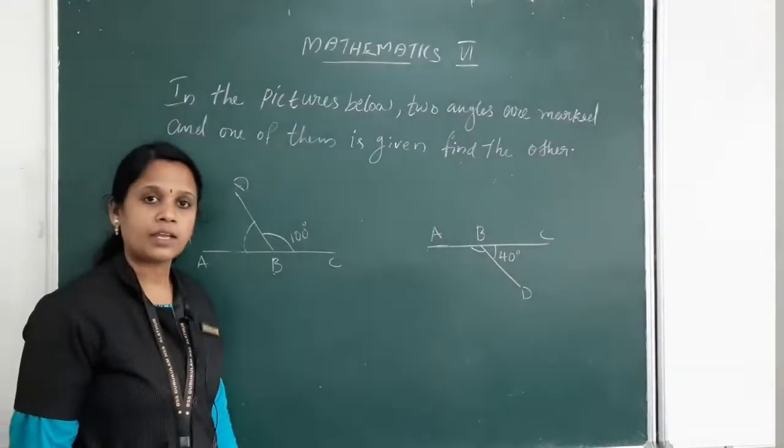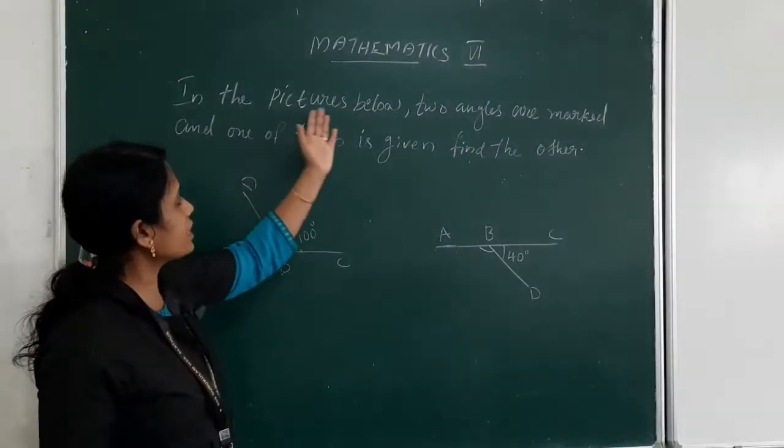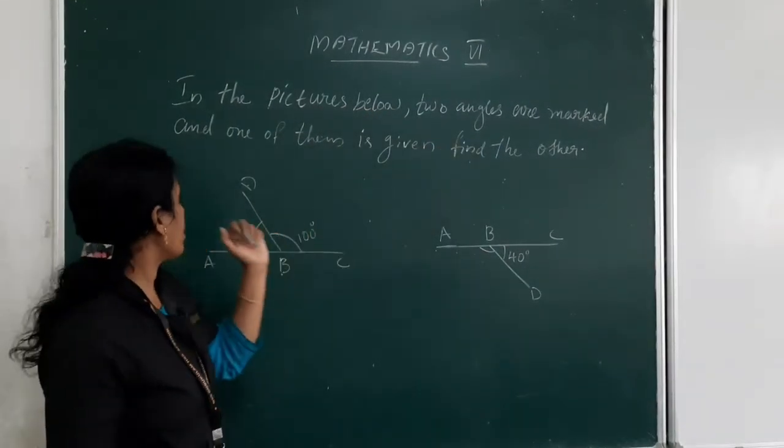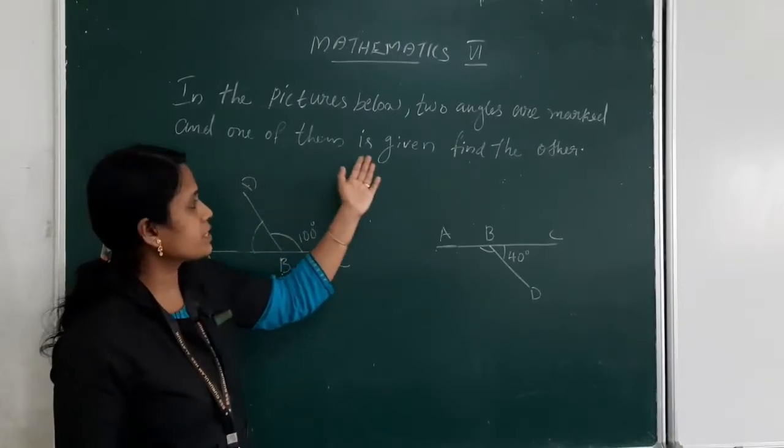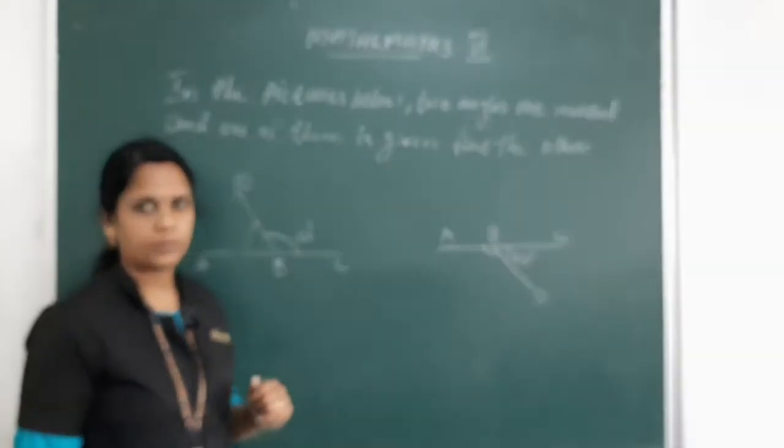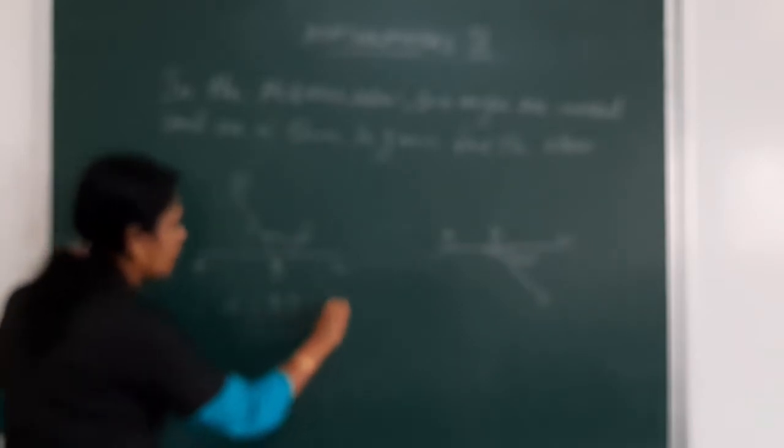Okay. Here question is, in the pictures below two angles are marked and one of them is given, find the other. Here angle CBD is equal to 100 degree. Okay.